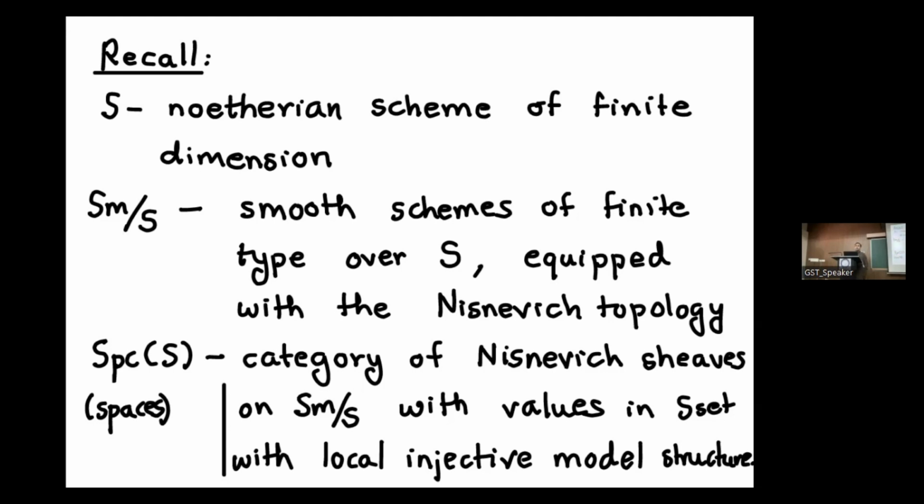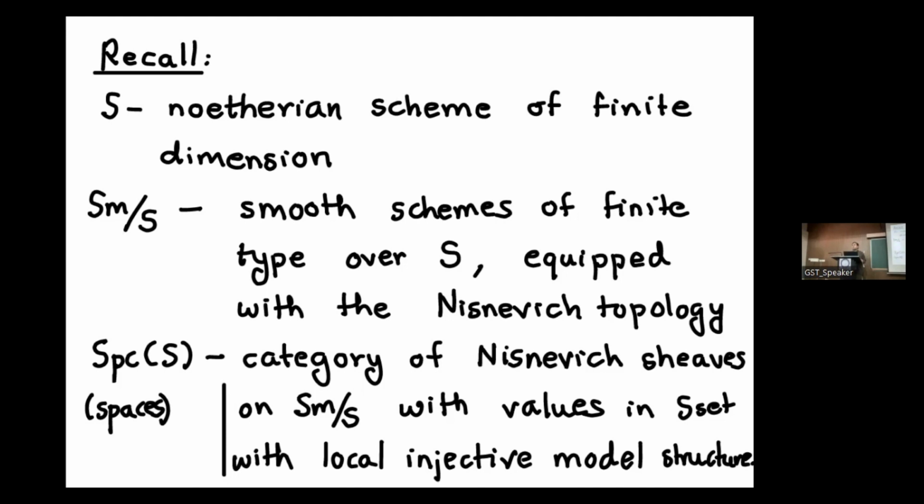We will not look at the details of that structure because that is not what I want to do. There are many different model structures on this, but as long as you have the same notion of weak equivalences, it shouldn't matter which model structure you're using. Anyway, the objects of this category are what I will call spaces.